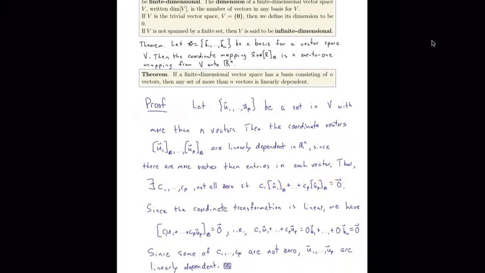So since the coordinate transformation is linear, as we've already seen, rather than have each of our b coordinates for u1 through up in this linear combination, that can be expressed as one b coordinate for the linear combination of c1 u1 through cp up.